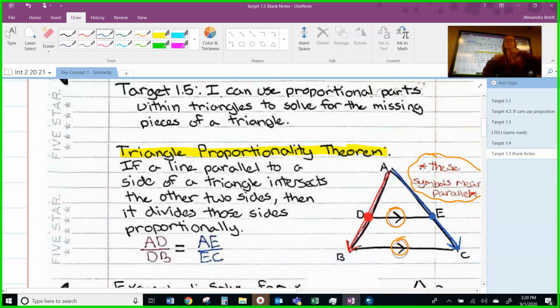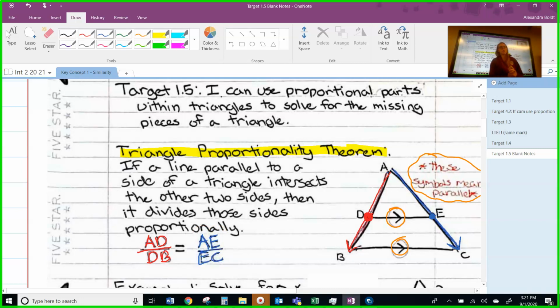Yesterday we looked at these and we split these triangles apart. Now what this tells us is we do not have to split these triangles apart. We can just say the top over the bottom, so AD over DB is going to be equal to the same thing here, this top over this bottom, AE over EC.